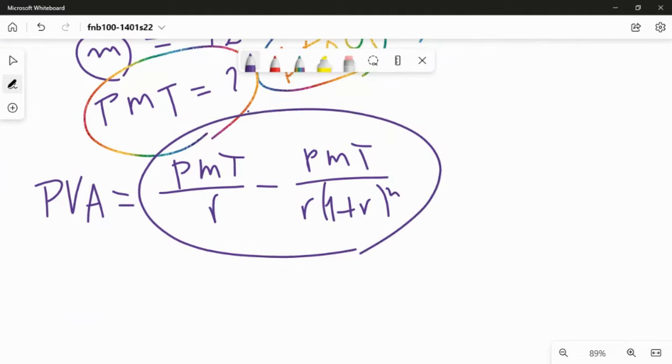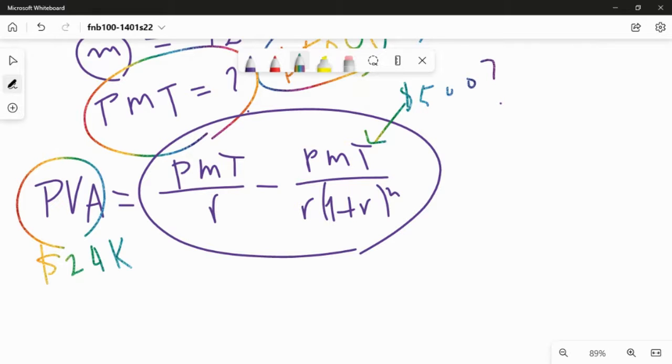Okay? So if $500 is correct, then we should get 24K here. If we get anything more than 24K, then we've been overcharged. If we get anything less than 24K, which can hardly happen, no lender will collect less than the principal they loaned out.